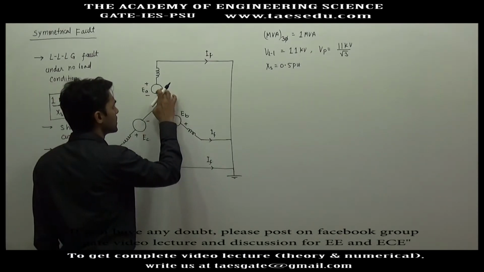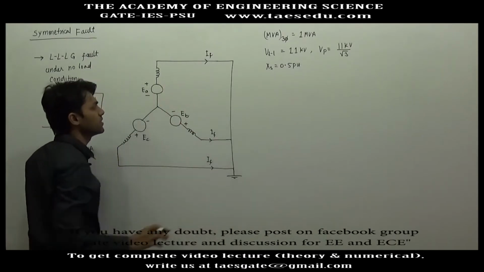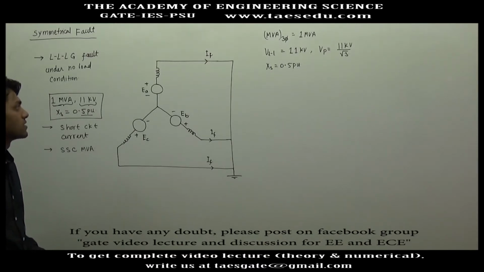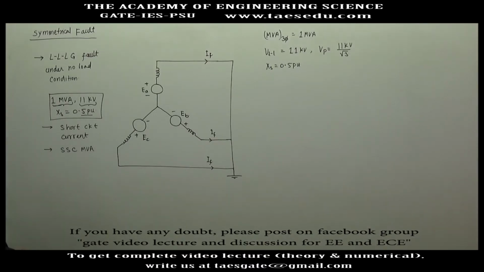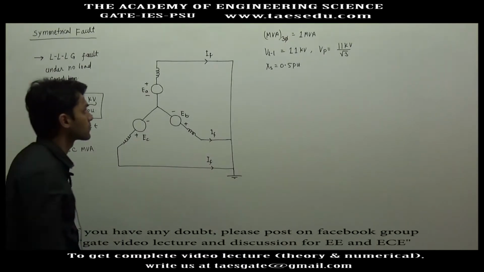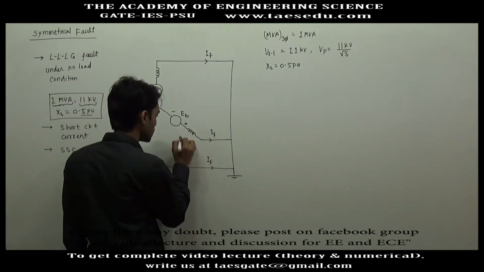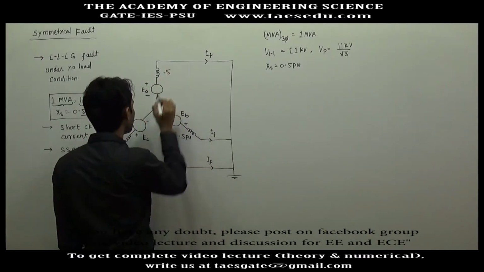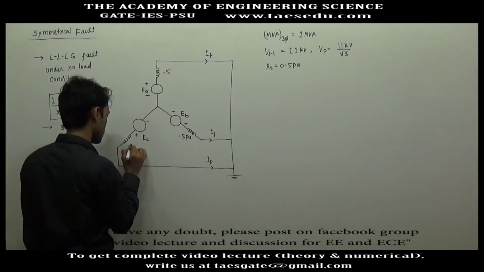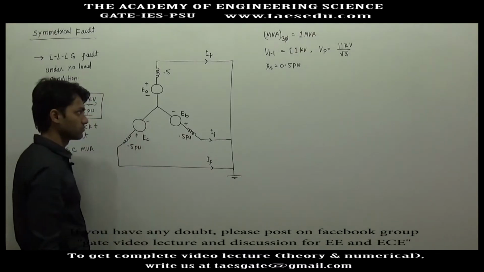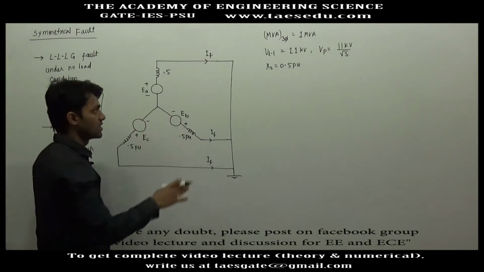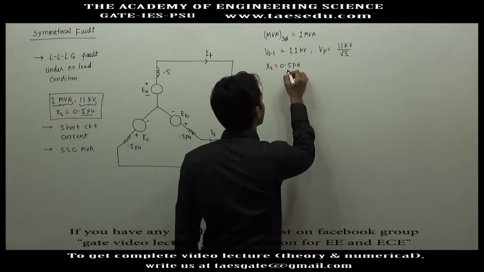If we don't consider any transient, the system will be balanced. So we can calculate current on the basis of a balanced system. And this impedance is 0.5 pu, this is also 0.5 pu, and this is 0.5 pu. All the phase impedances are 0.5 pu.